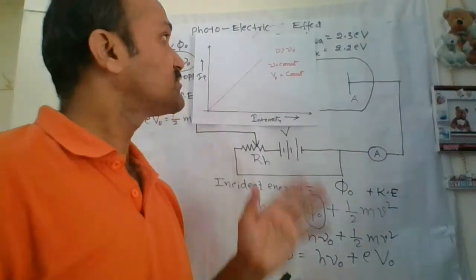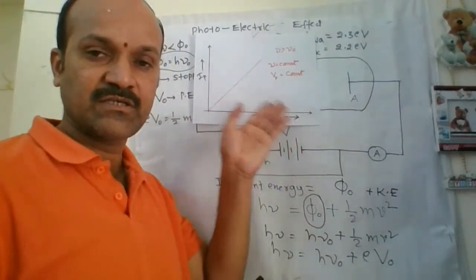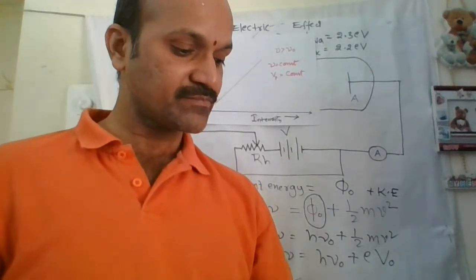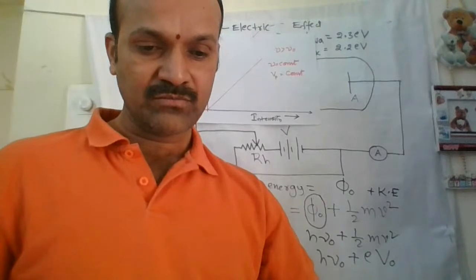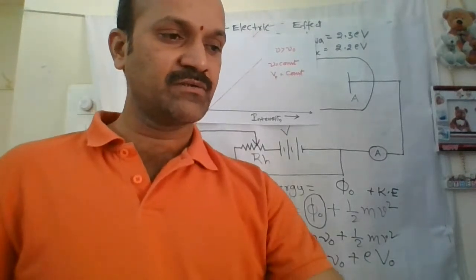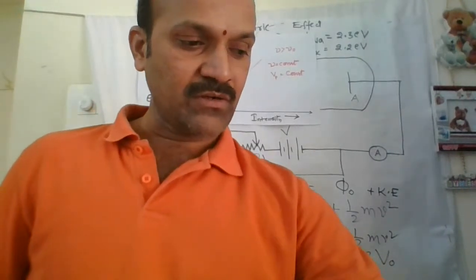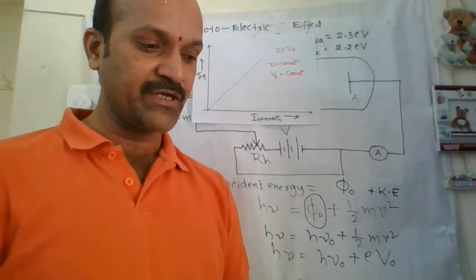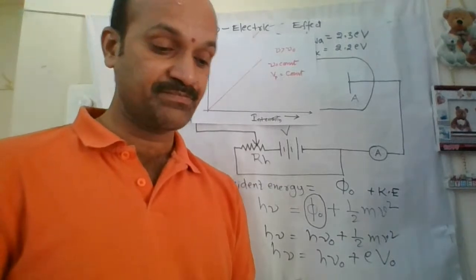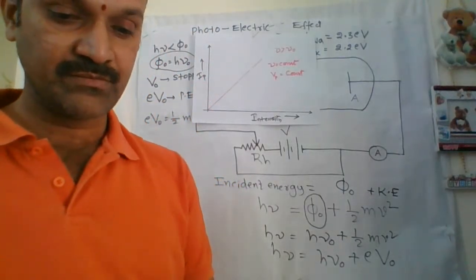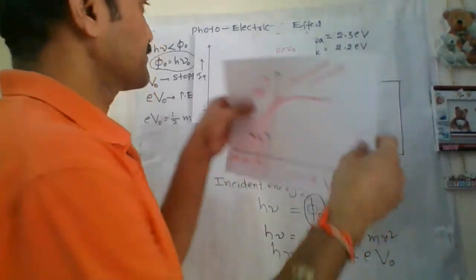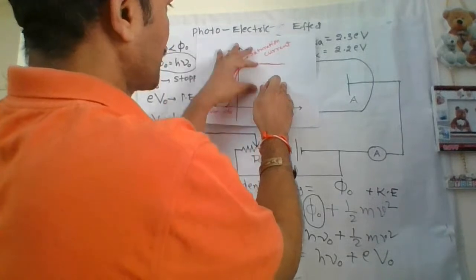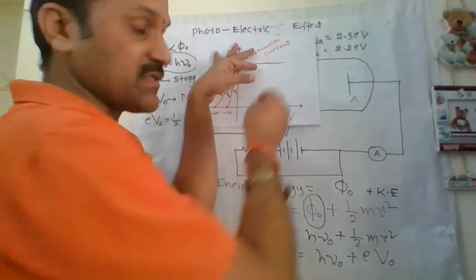So simple it is. As you increase the intensity, current increases. Right. Next, we'll discuss how the frequency of incident radiation has an effect on stopping potential. Now you can answer, I think.